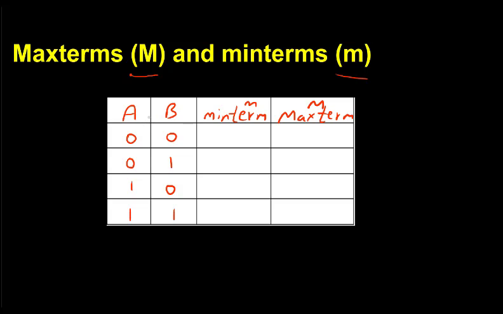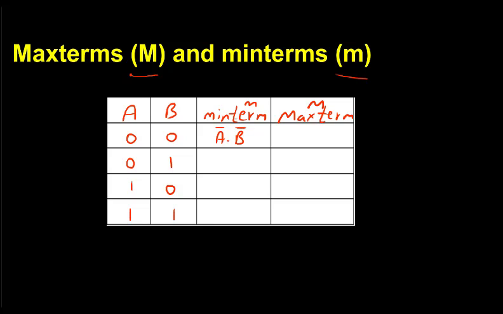Now suppose we have a two variable truth table: 00, 01, 10, 11. What are the min terms in this case? First I will write the min terms. Because a is 0, I write a bar, then the AND sign, dot. And because b is 0, b bar.